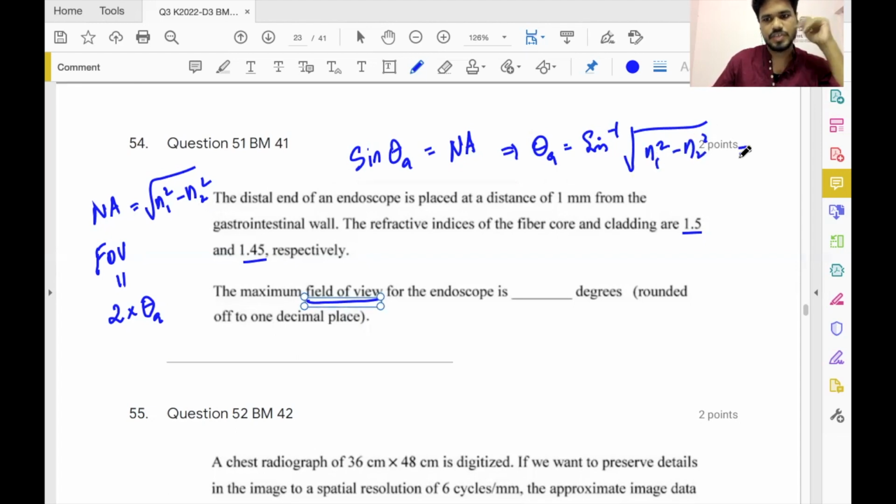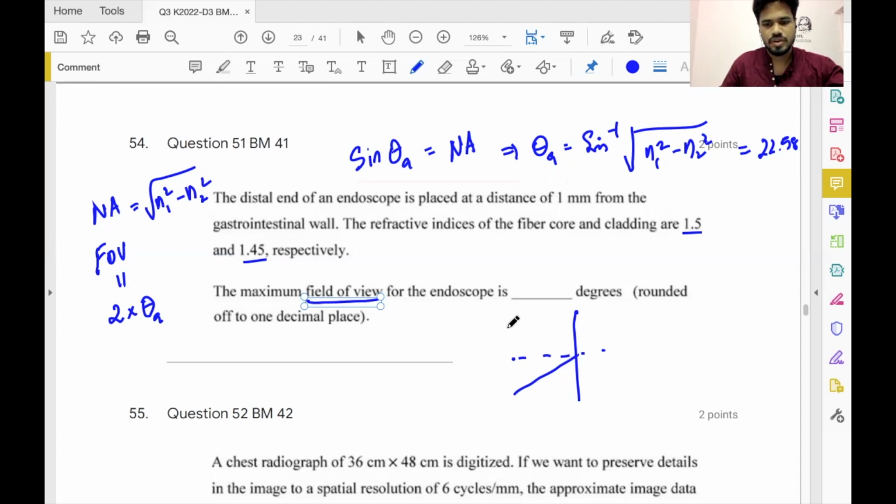What is theta a here? Theta a is 22.58. So we have a cable, we have this thing. Anything within this will get totally internally reflected. Anything outside of that will not get affected.